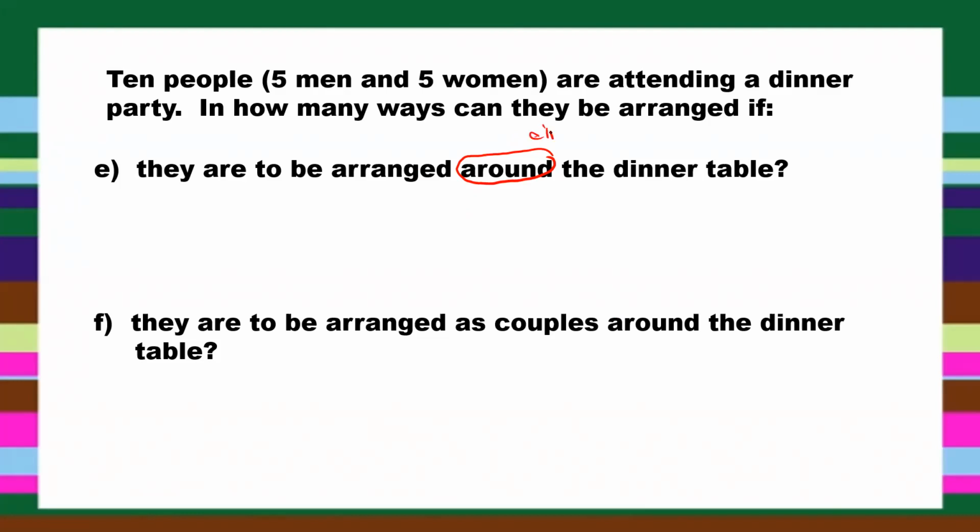Okay, in a circle or a circular table. So kung in a circular table natin sila arrange and not in a line, not in a row, ibig sabihin hindi na to linear arrangement, but this is circular arrangement and we call this as circular permutation.